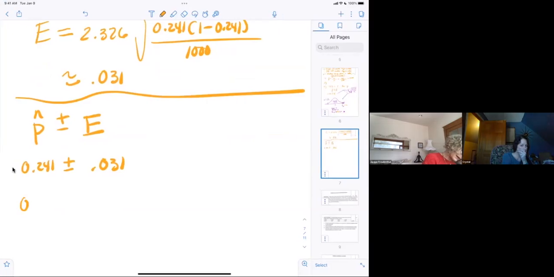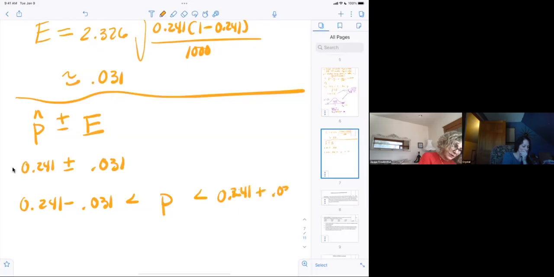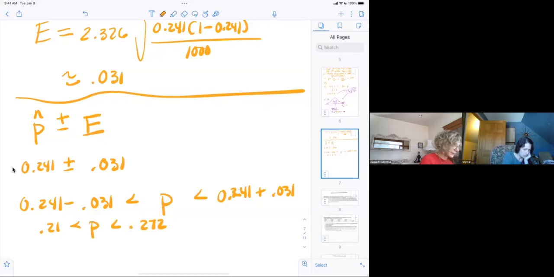So 0.241 minus the error 0.031 gives the lower bound, and 0.241 plus 0.031 gives the upper bound. And we get P between 0.21 and 0.272.